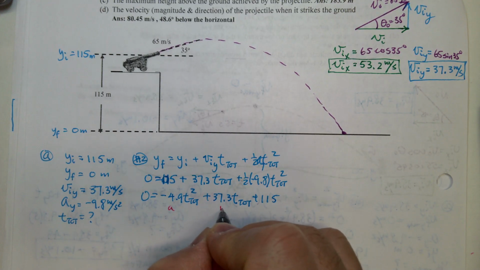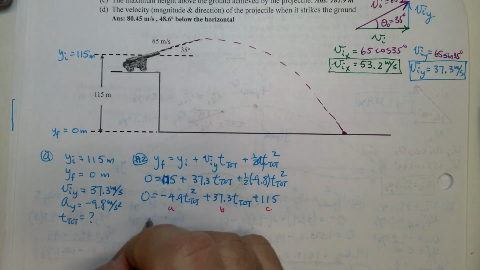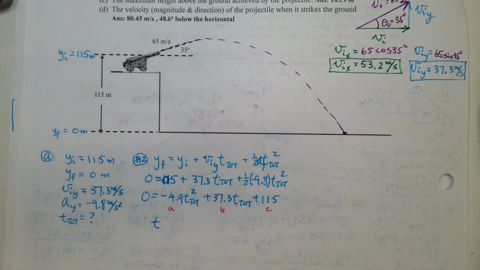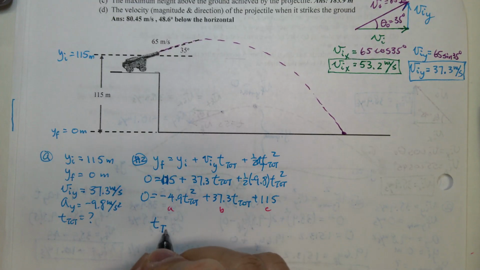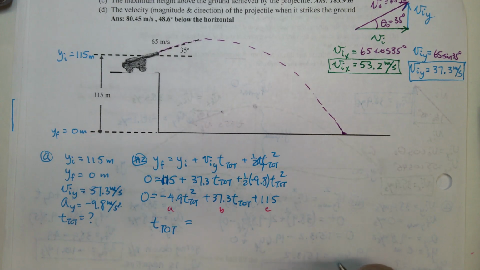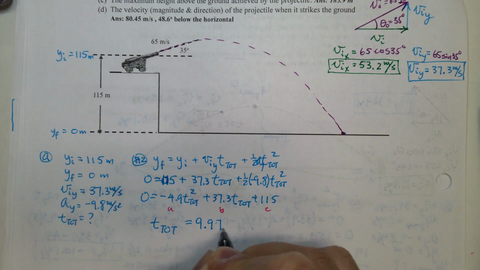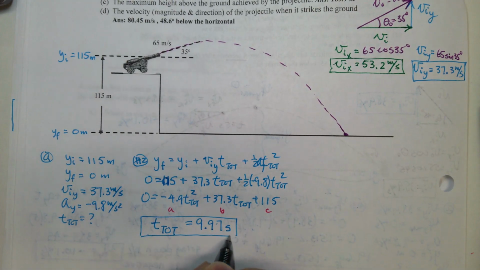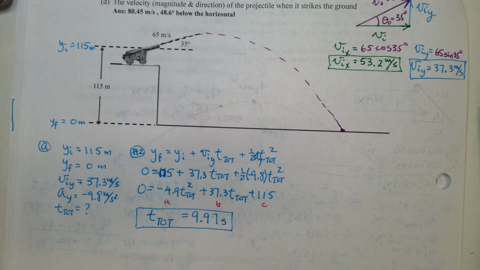Here's my A, here's my B, here's my C. If you use the quadratic formula that you programmed into your calculator, you should get 2 answers, one being negative, the other being positive. The positive answer came out to be 9.97 seconds as your T total. Okay?